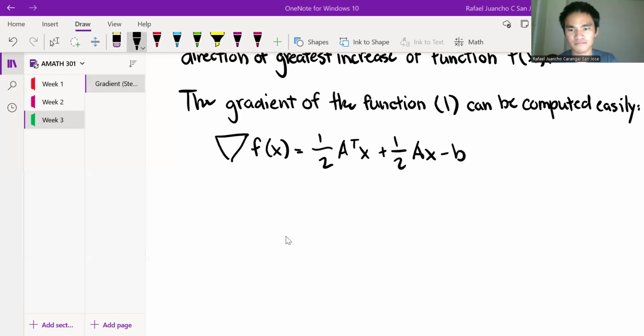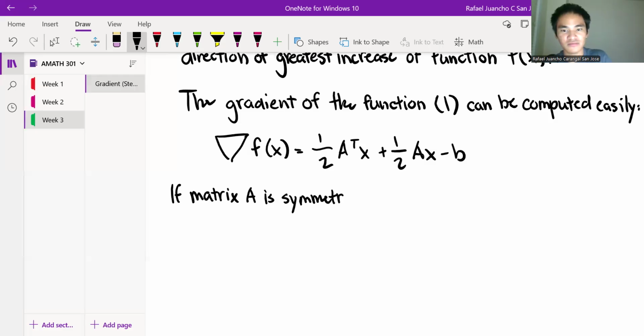Yeah, so this one is okay. That's interesting. So if matrix A is symmetric, then its transpose is just equal to itself, right?